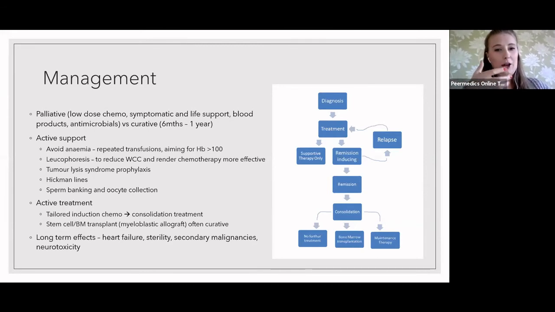If you think of that as being the tiny little core of it, it just takes longer to get rid of. Again, you might use stem cell transplant, but the risks may outweigh the benefits. Long-term effects you can get with this kind of treatment regimen are heart failure, sterility, all different kinds of organ failure, neurotoxicity, and secondary malignancy is sadly very common as well.